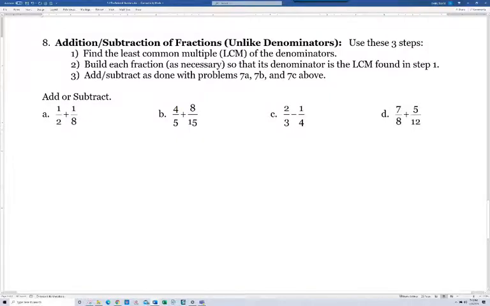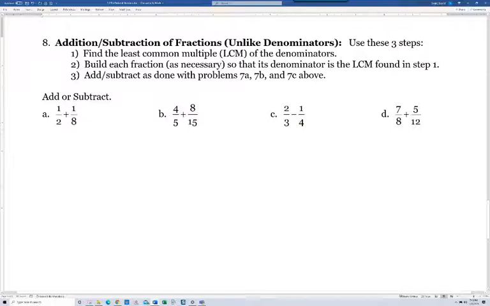So here it says addition, subtraction of fractions with unlike denominators. It says use these 3 steps. Number 1, find the least common multiple of the denominators. What we're finding is also called a least common denominator since we're working with fractions, but we're really just finding an LCM.